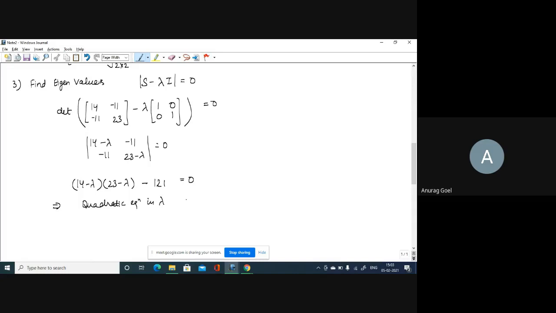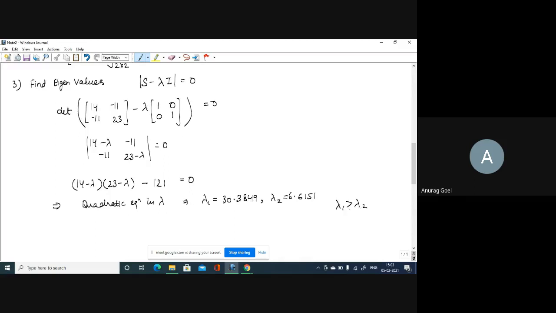Solve it, and the values you will get are lambda 1 equals 30.3849 and lambda 2 would be 6.615. So these are the two eigenvalues. Remember that the larger eigenvalue would be the first principal component. So here lambda 1 is greater than lambda 2.